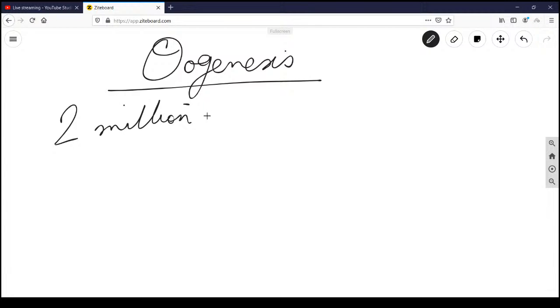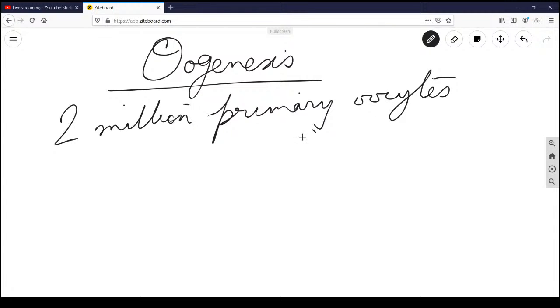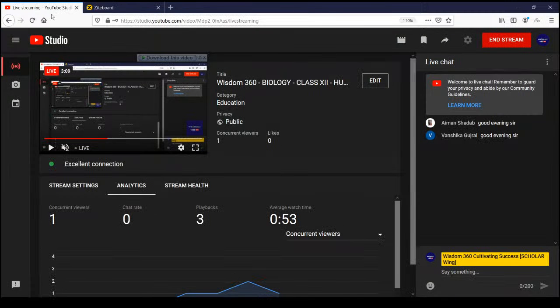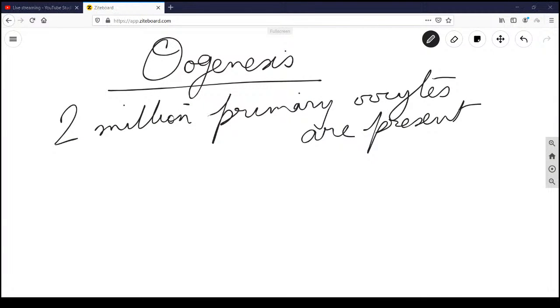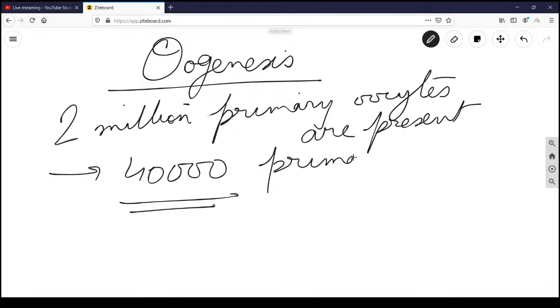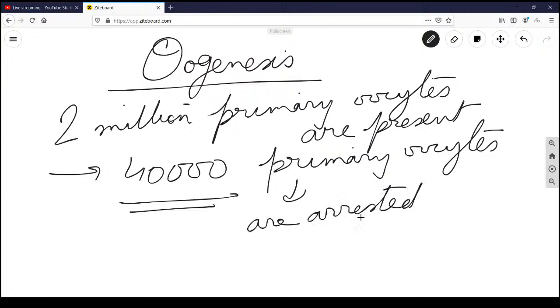After that, till we reach the stage of puberty, only 40,000 of the primary oocytes are able to survive. That's a great dip in the number, and they are arrested in the prophase 1's diplotene stage.